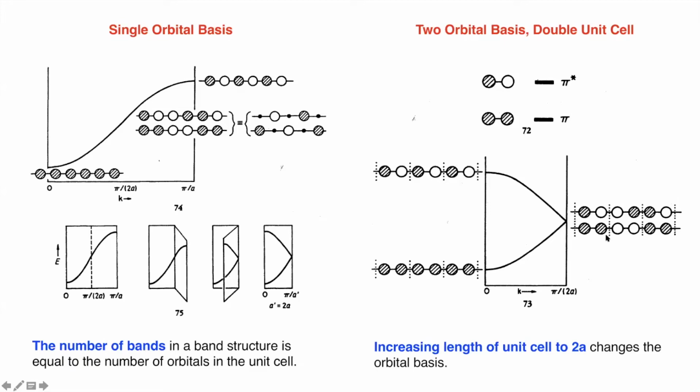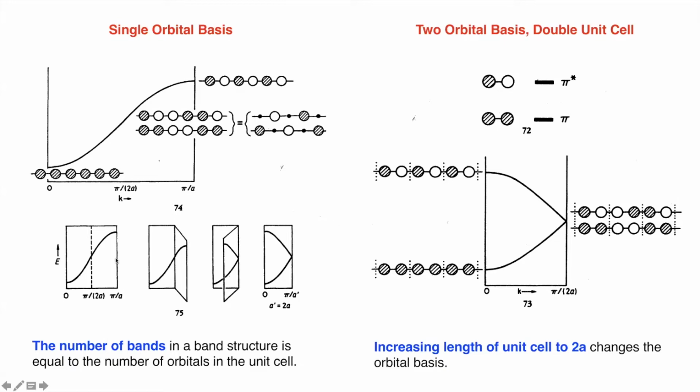Now, you can think about this as kind of like increasing the unit cell from A to 2A, if you like. And so you can see how this pi over 2A solution here looks just like this one. Okay, so these give you the same wave functions, but the diagram ends up looking different because of the change in the unit cell dimensions.